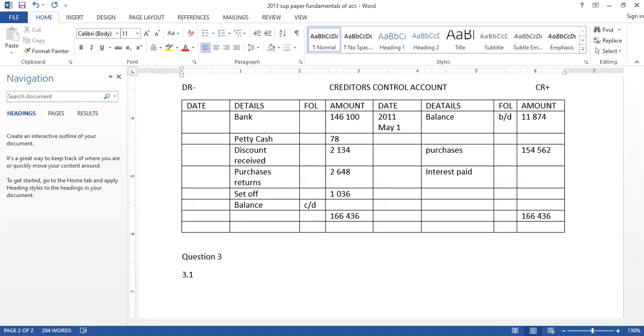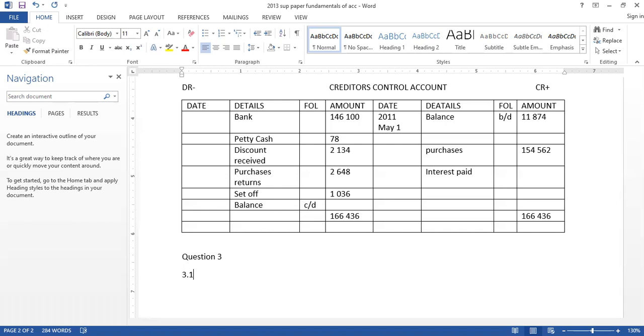The bank reconciliation is a reconciliation between the bank statement and the cash book of a business, while the creditors reconciliation is a reconciliation between the supplier statement and the creditor's ledger account of the business. That is basically the main difference between the two.